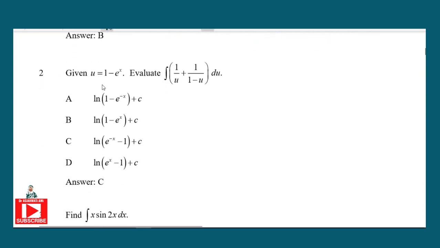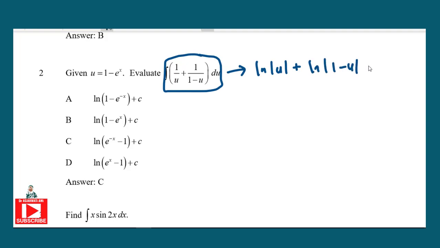Number 2, given u equals 1 minus e power x, evaluate the integral of 1 over u plus 1 over 1 minus u with respect to u. Integrate: ln u plus ln 1 minus u plus c, over negative 1.